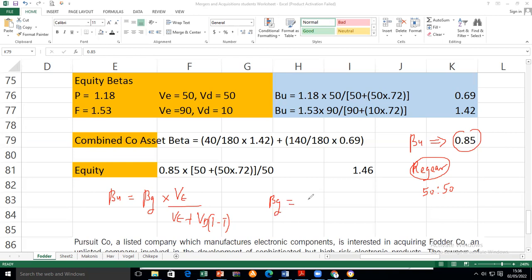So you get your asset beta and you multiply by that.